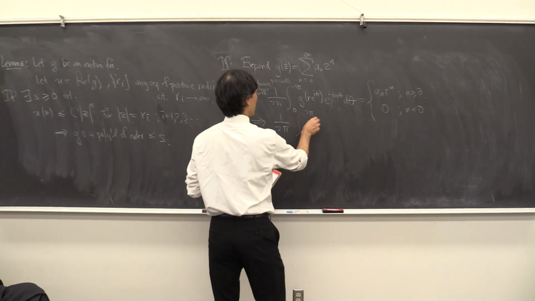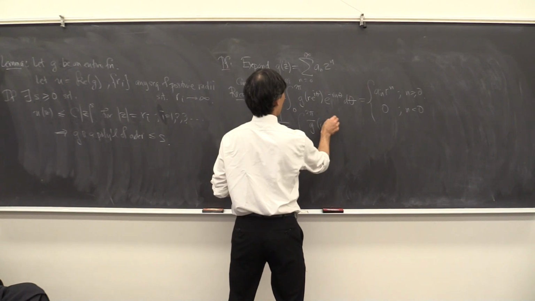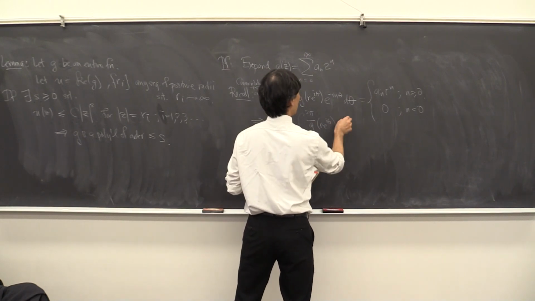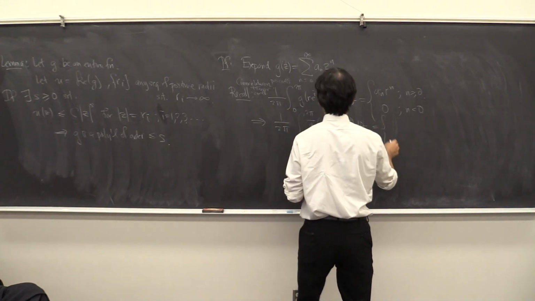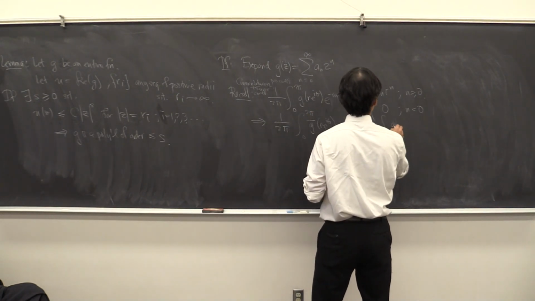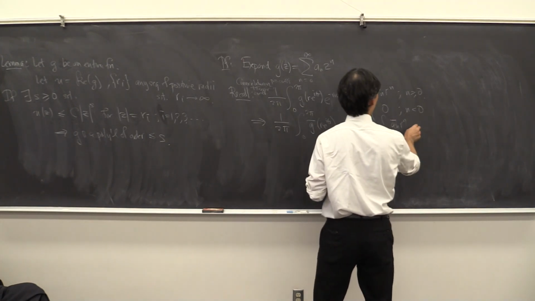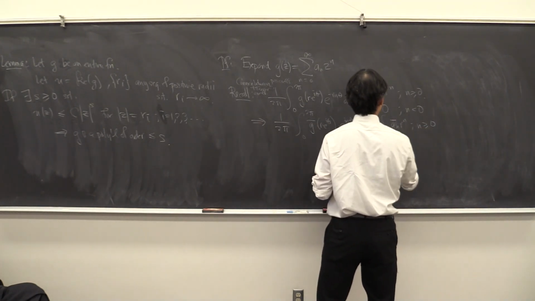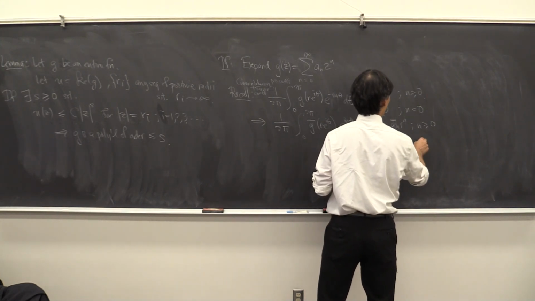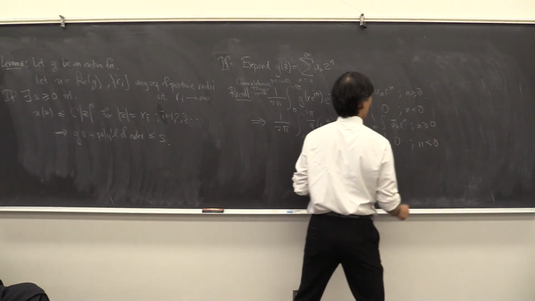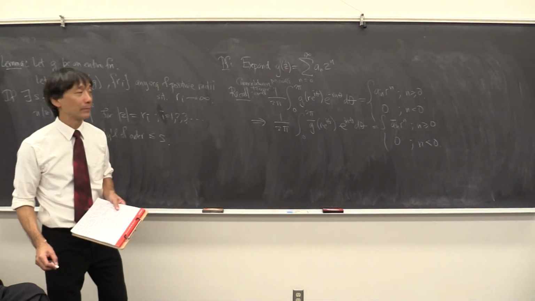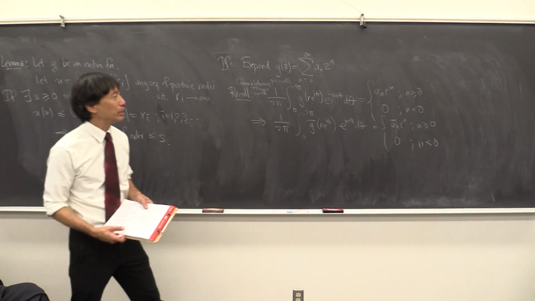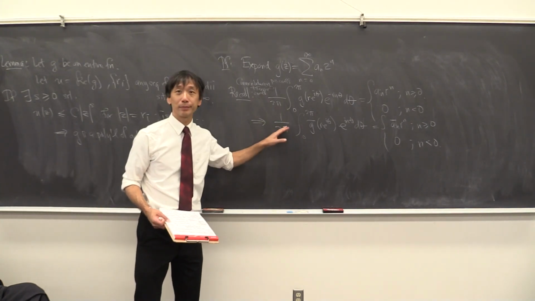You get the integral of conjugate of G(re^{iθ}) times e^{inθ} dθ, equals a_n r^n for n greater than or equal to 0, and the conjugate, conj(a_n) r^n, for n less than 0. So I just took conjugates of both sides.